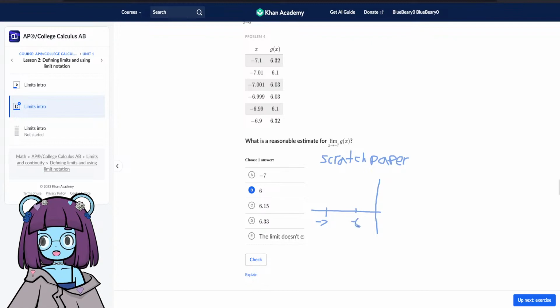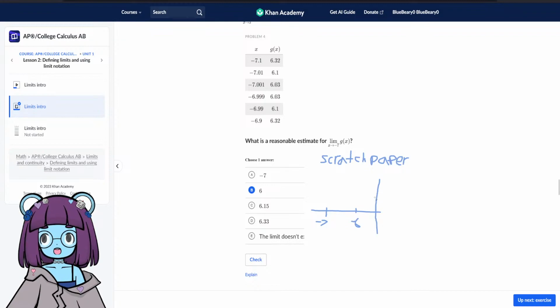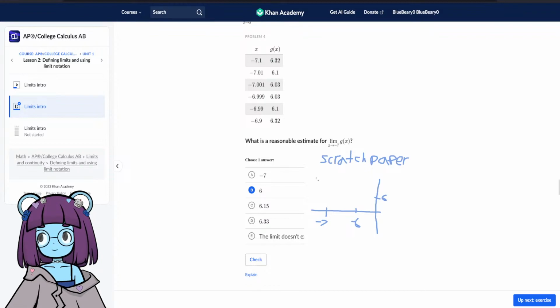It's not scaled. And we'll say 6 is here. So at -7, it goes down, and then it goes back up.